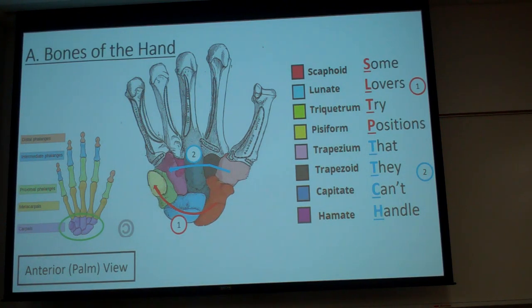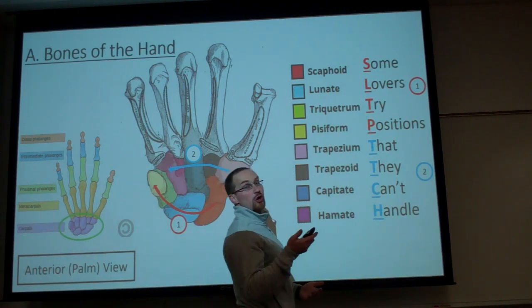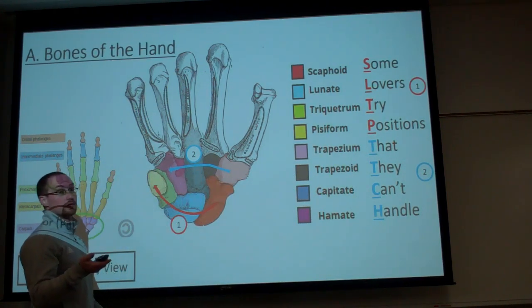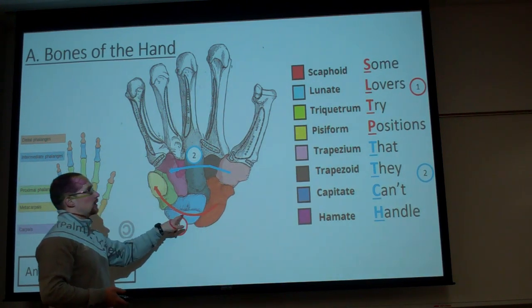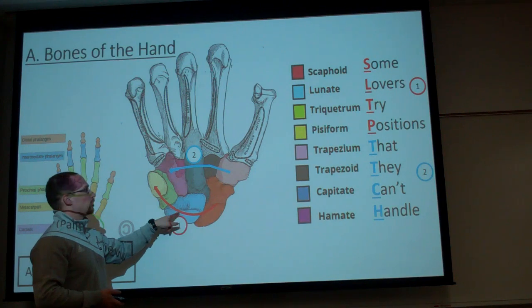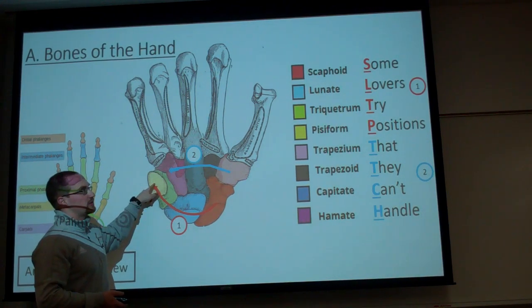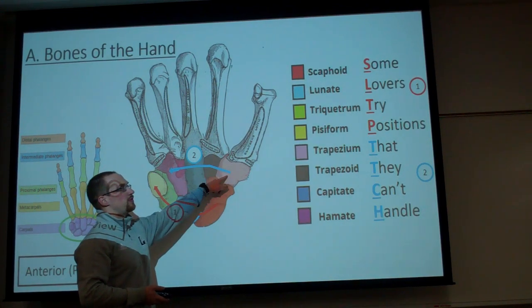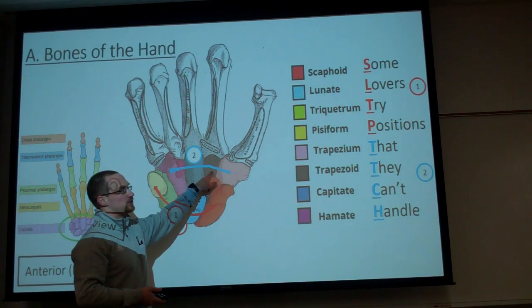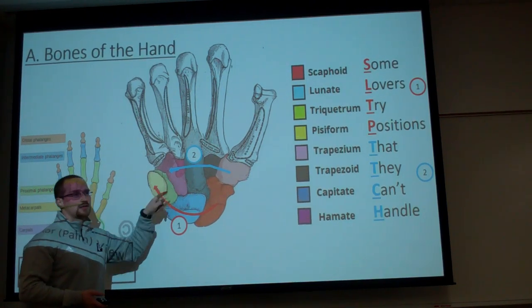The way I like to remember it is this phrase: Some lovers try positions that they can't handle. So, some: scaphoid; lovers: lunate; try: triquetrum; positions: pisiform; that: trapezium; they: trapezoid; can't: capitate; handle: hamate.